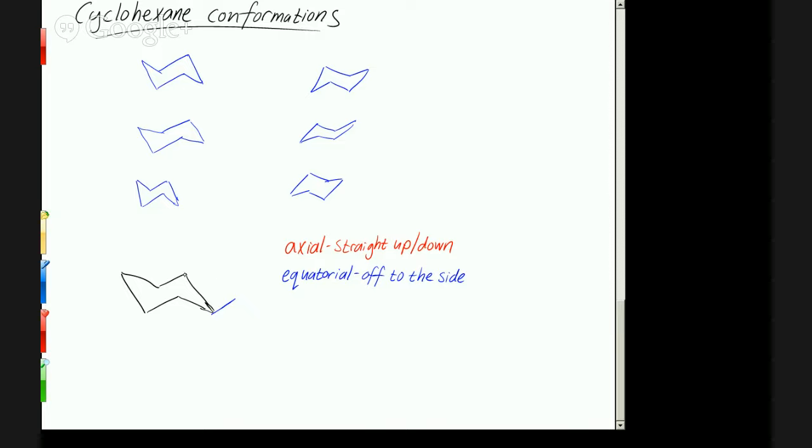So this one coming off of here is going to take this angle, which should also be this angle. This one here takes these outside ones. This one here goes down and up and down. And those are all the equatorial bonds, the equatorial hydrogens coming off of this ring.